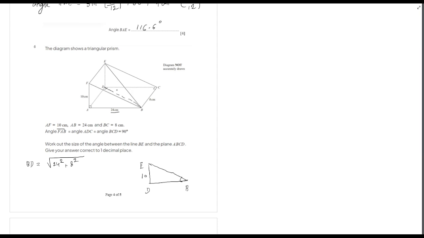This is your BD squared. The answer is 8 root 10.